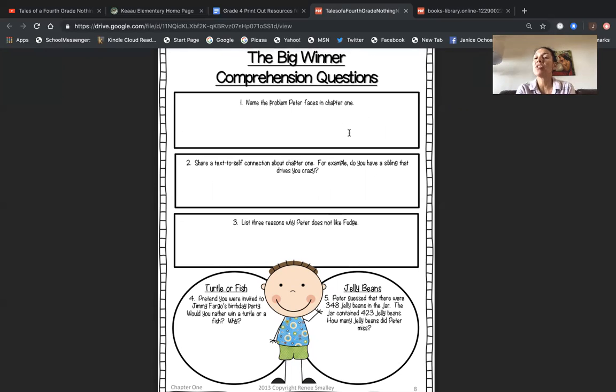And try your best to use complete sentences. Remember the RACE strategy that your teachers taught you? Restate the question into answer form, answer the question, cite evidence, and then explain. So, name the problem Peter faces in chapter 1. You can begin it by saying, the problem Peter faces in chapter 1 is, and then support it with evidence.